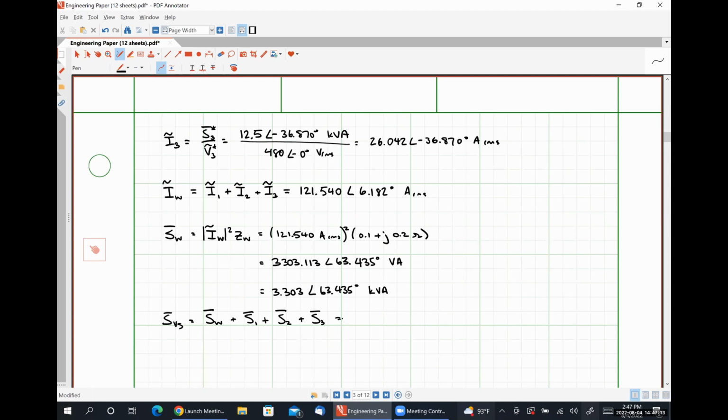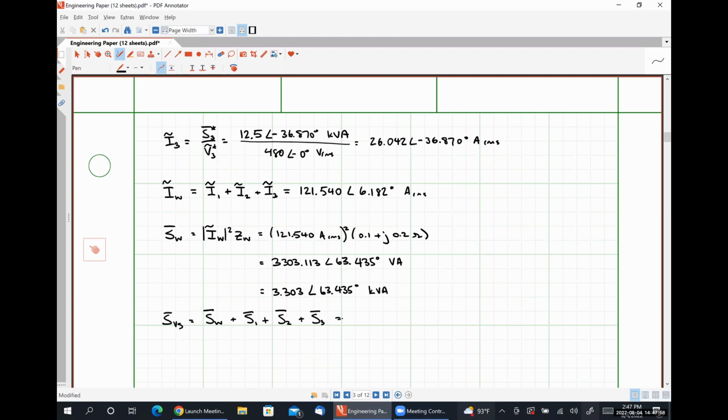If I add all these numbers together, that's going to be 3.303 with an angle of 63.435 plus 37.5 with an angle of negative 36.87 plus 20 with an angle of positive 25.842 plus 12.5 with an angle of positive 36.870.